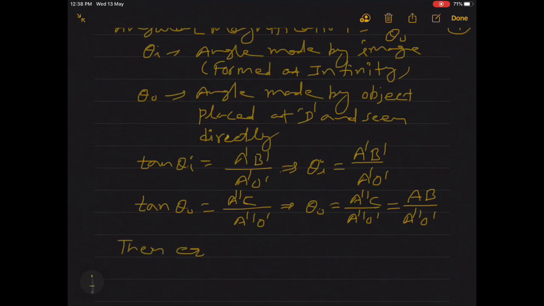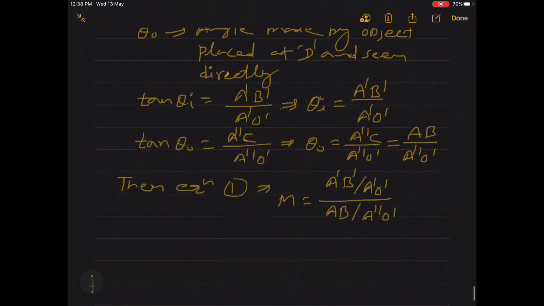Then if you replace in equation 1, equation 1 will turn out to be in the new form, and that would be M is equal to A dash B dash upon A dash O dash upon AB upon A double dash O dash.